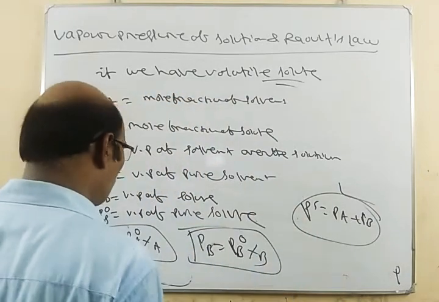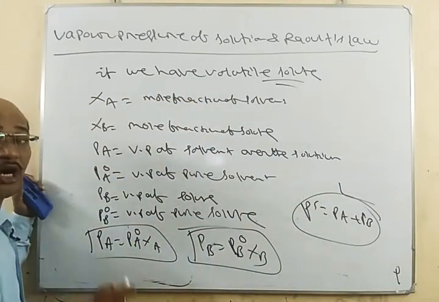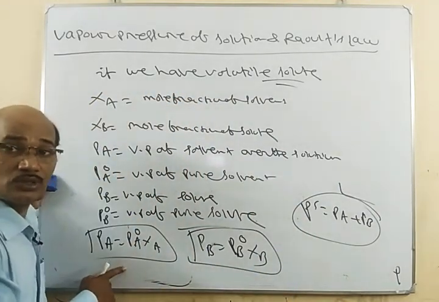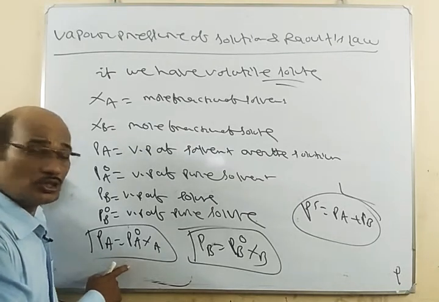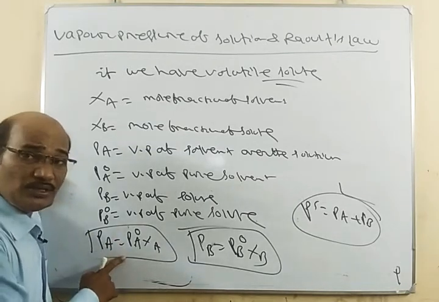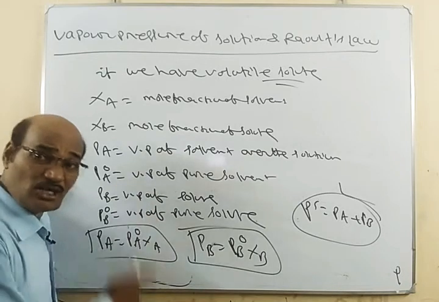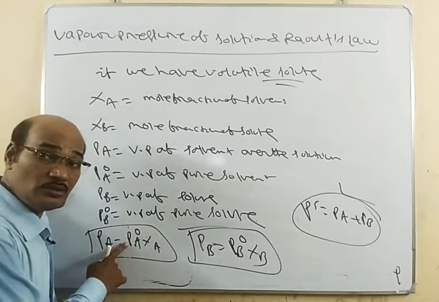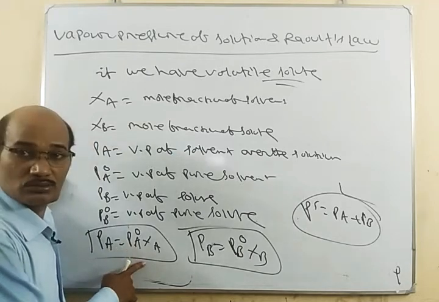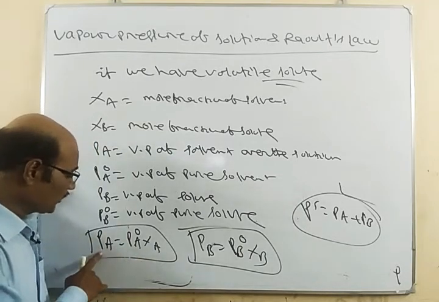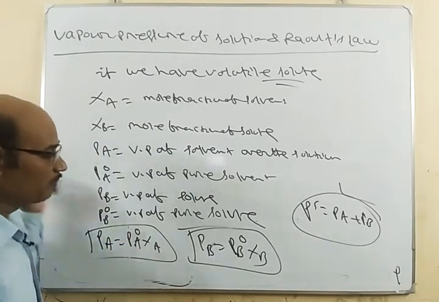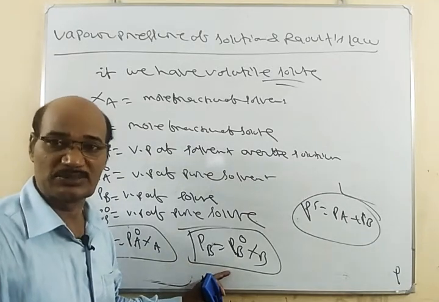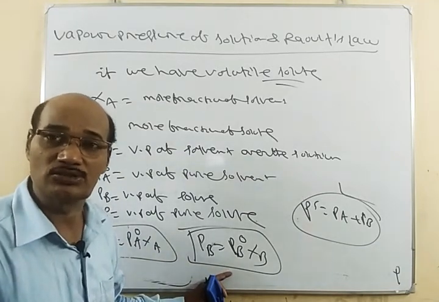Here the vapor pressure of a component in a solution is the product of the vapor pressure of that component in the pure state and its mole fraction. So PA equals PA0 XA and PB equals PB0 XB. This is called part of Raoult's law.